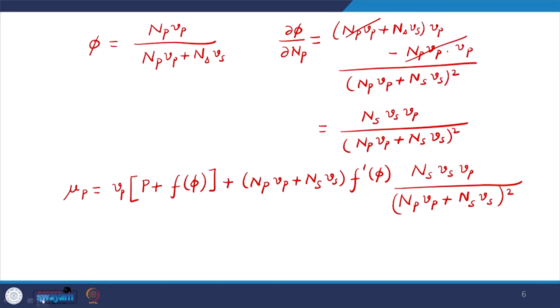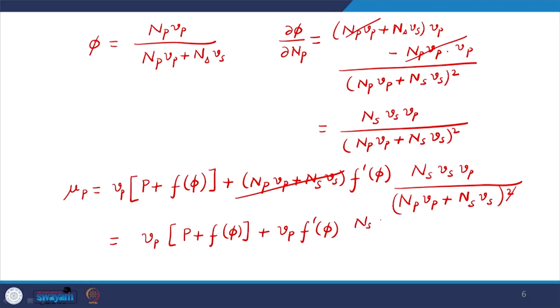So, now again we have certain cancellations, and what we obtain is Vp multiplied with P plus F of phi, plus Vp multiplied with F prime phi times NsVs divided by NpVp plus NsVs, and you can see that this term is actually equal to 1 minus phi.